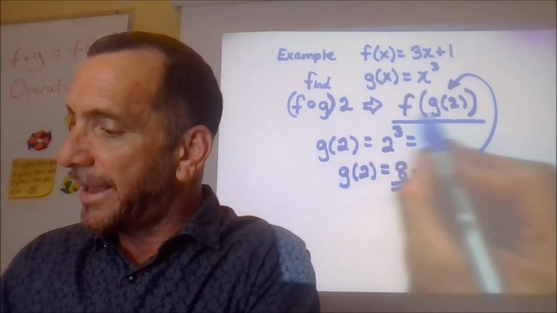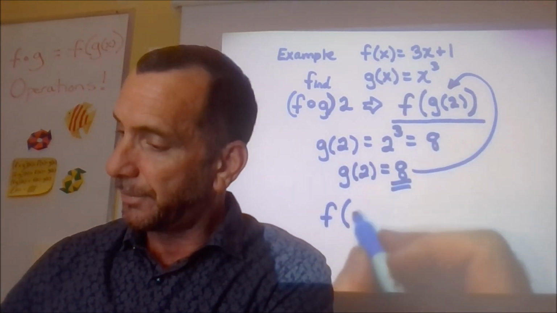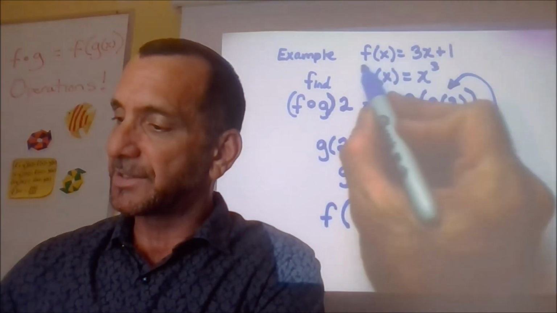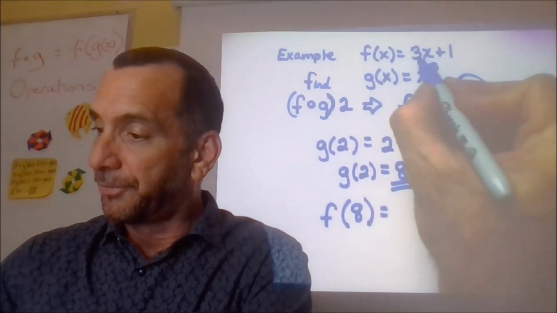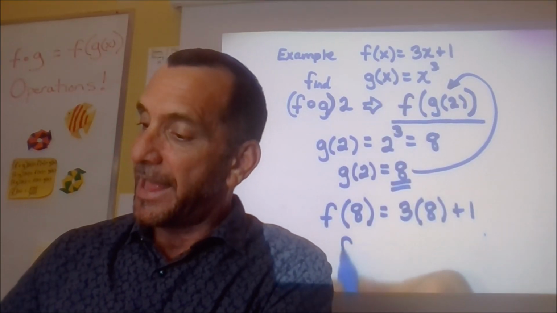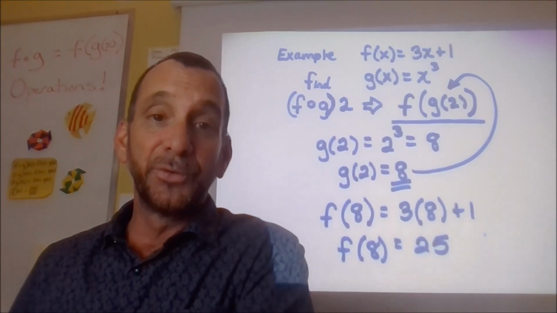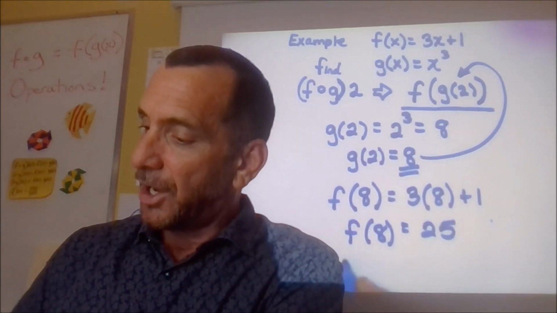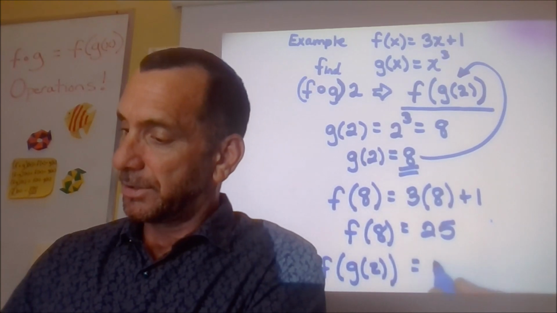Okay, so we've got f of, now we can find f of, well, what was g of 2? 8. And we can use the f of x function to find f of 8. So here we go. 3 times 8 plus 1, f of 8 is 25. So really what that means is f of g of 2 is 25.